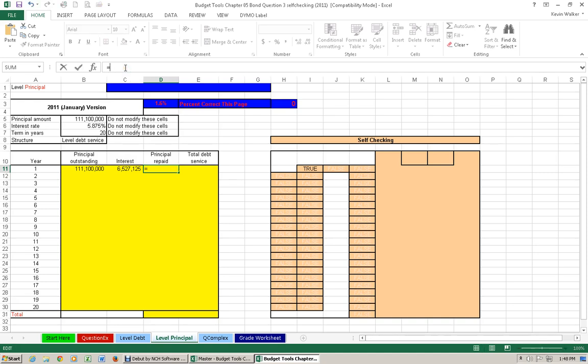Equals B5, all right, this amount, which is this, and we're going to divide it by B7, okay? In other words, we're going to divide 111,100,000 by 20 years.